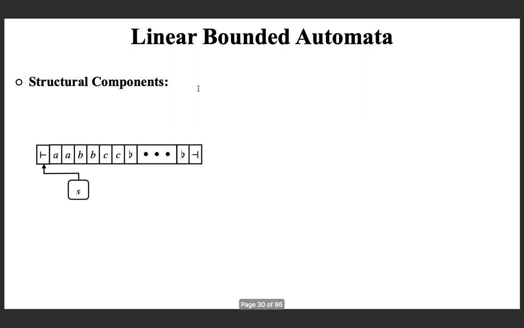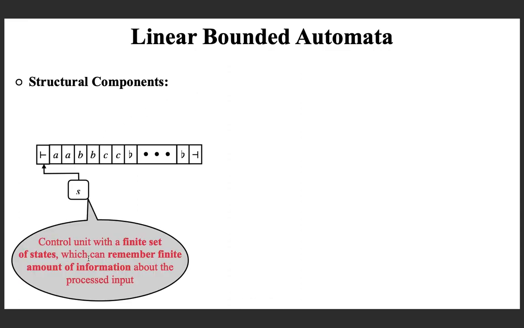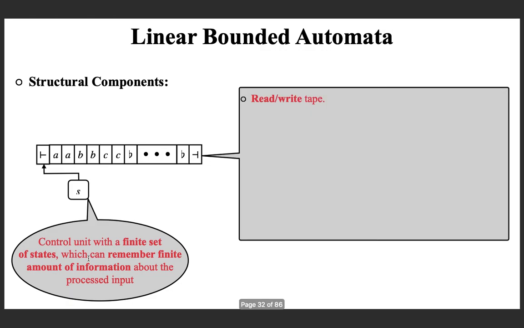And after pushdown automata, we discussed linear bounded automata, and that is what we did in the previous lecture. Structurally, there is a control unit, same as in the case of pushdown automata and finite state automata, but unlike those, here what you have is a read write tape.